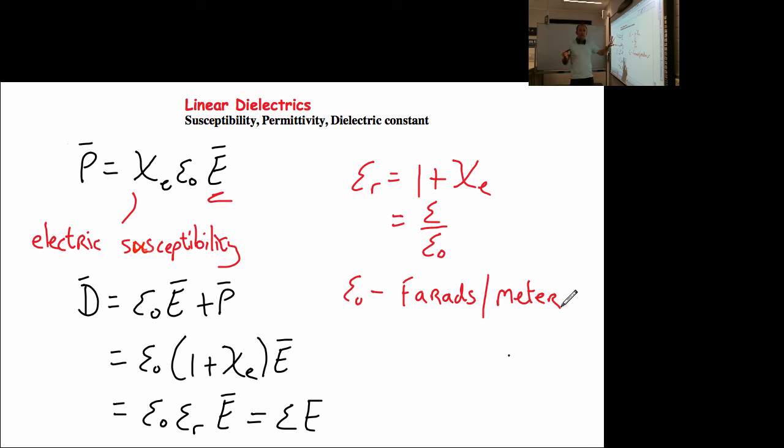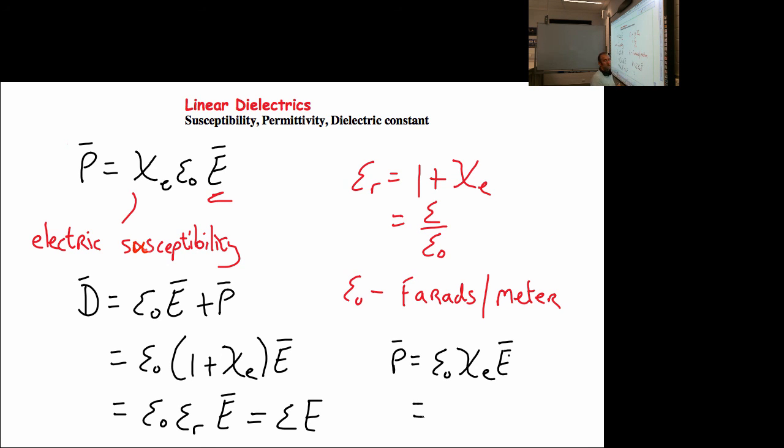So now for linear and isotropic dielectrics, we can write out an expression for the polarization, and our polarization, as given above, is equal to epsilon naught times chi e times the electric field.